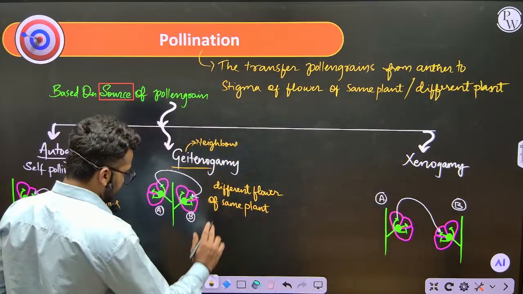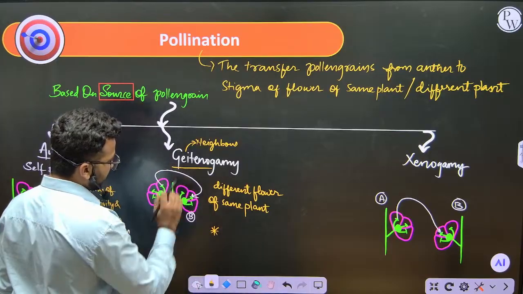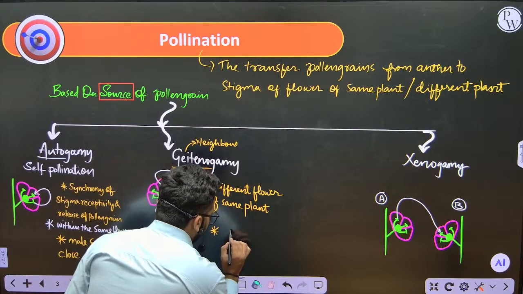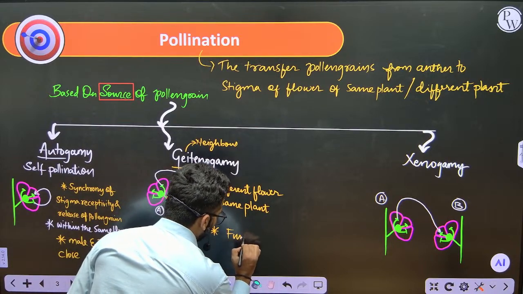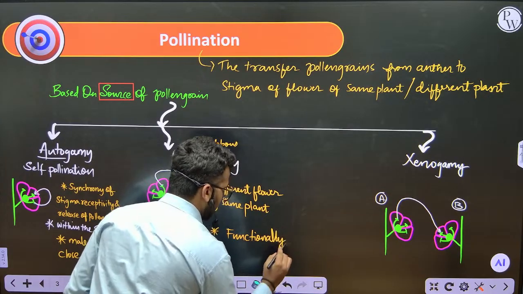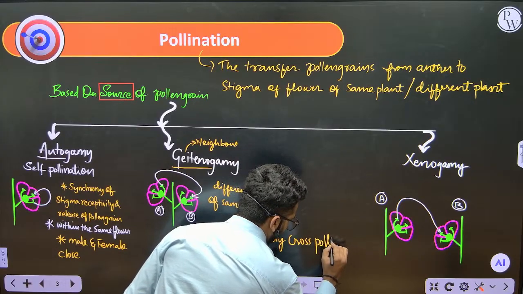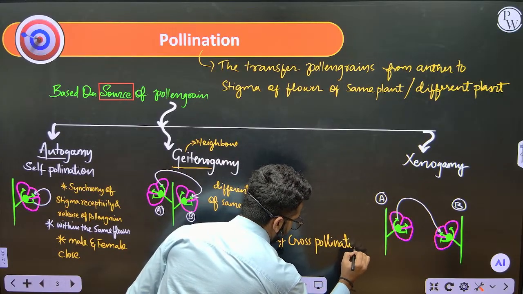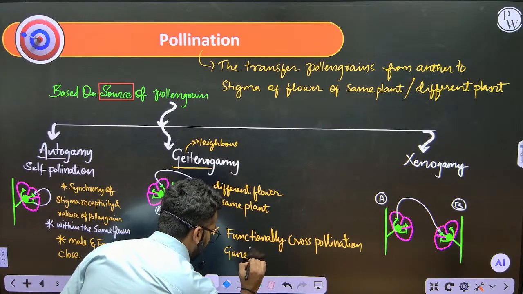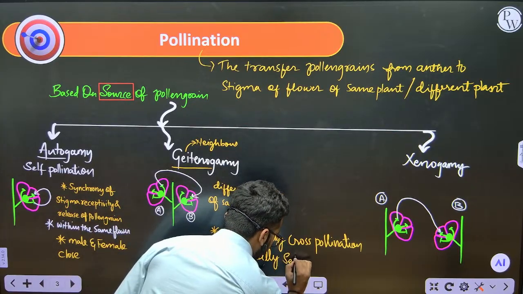Let me explain that clearly. So this geitonogamous flower or plant is functionally cross-pollination, but genetically it is a self-pollination.